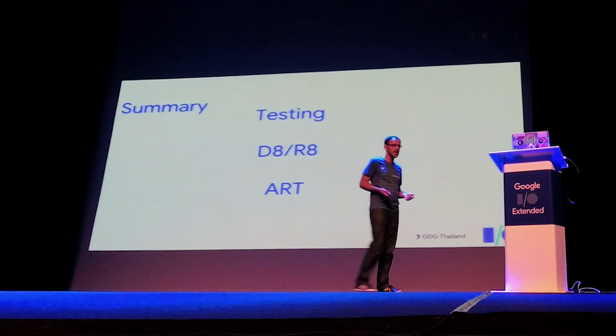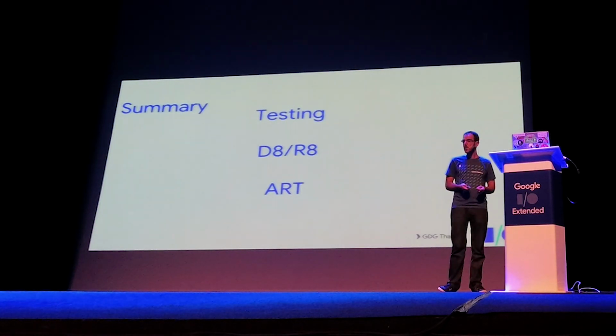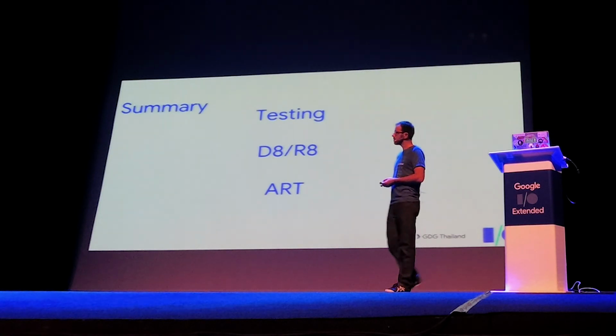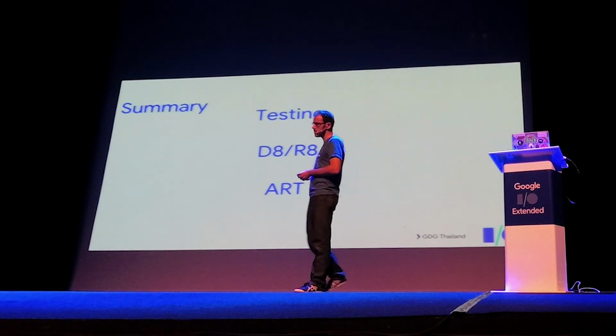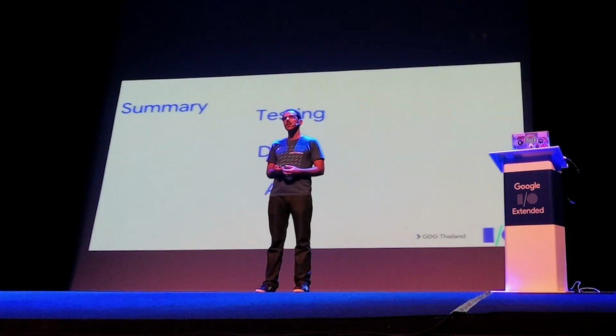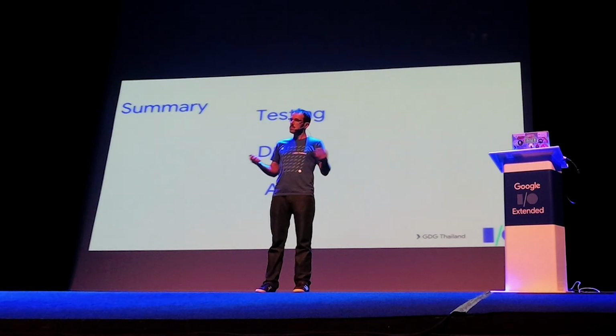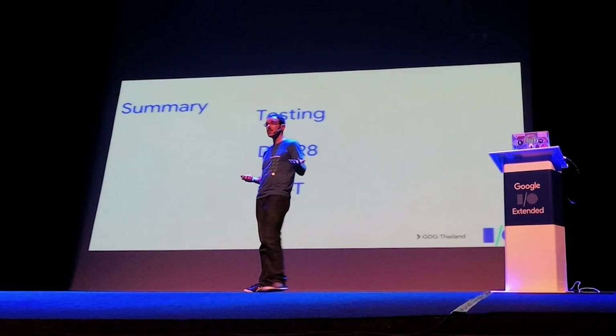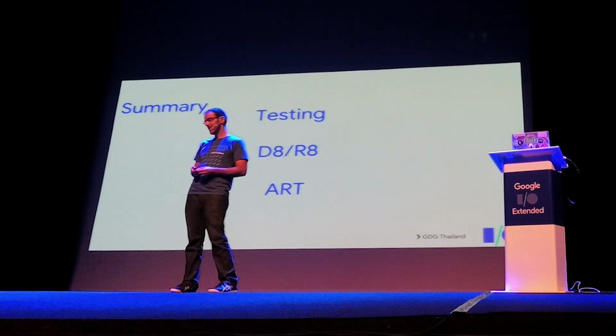So, time to summarize now. In the first place, we have seen testing. In terms of testing, Project Nitrogen is coming at the end of the year, and Robolectric 4 is giving us the opportunity to run Espresso tests in a unit test.